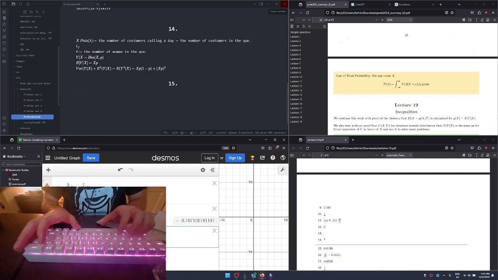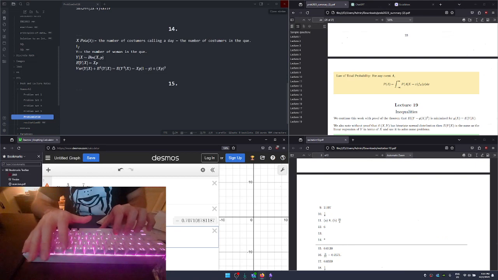So the probability of x given y, times f of x times f of y, d y. This is big Y.